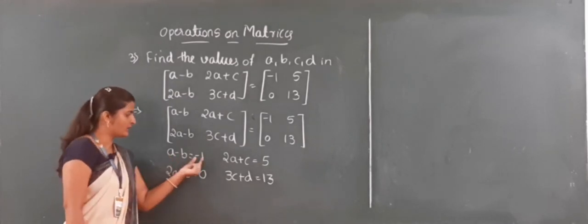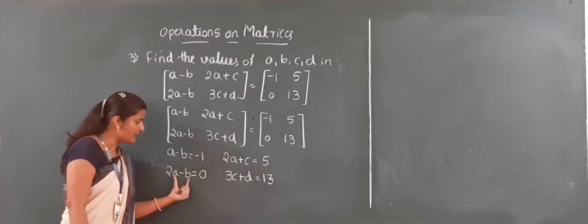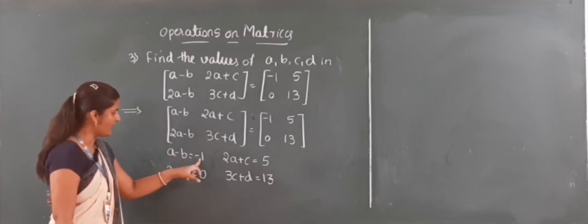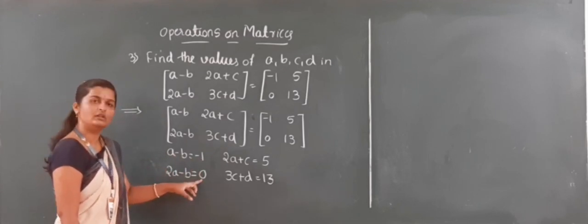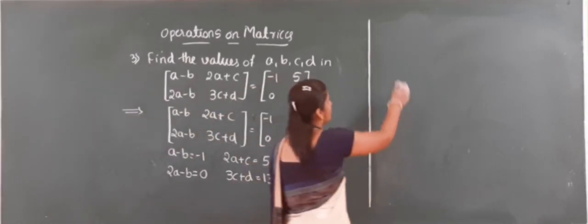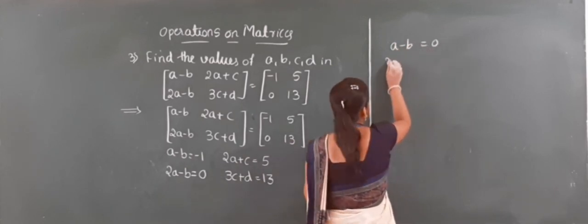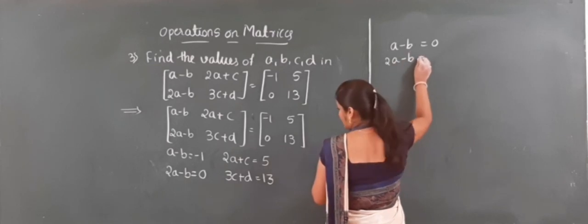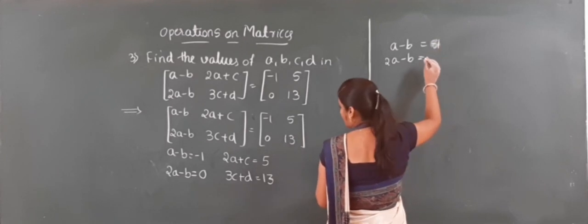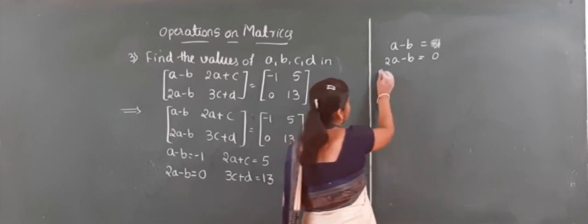So here A minus B equal to minus 1. Here A and C is there, here C and D is there, but here A minus B is there. Is this a simultaneous equation? A minus B equal to minus 1, 2A minus B equal to 0. So we can solve this simultaneous equation. So how to solve the simultaneous equation?